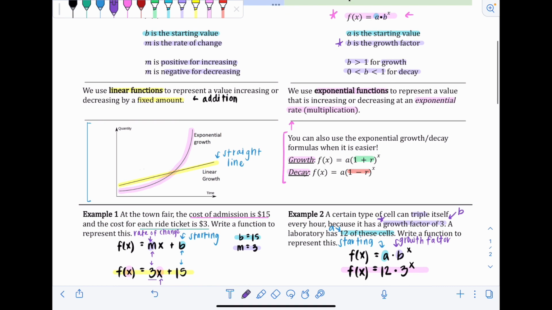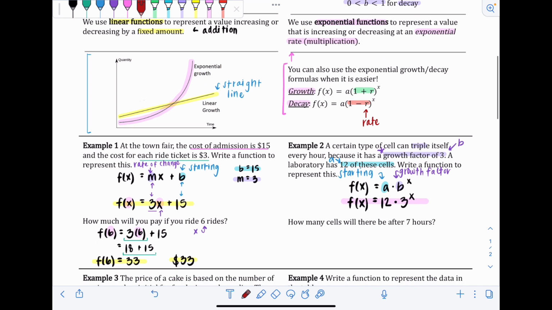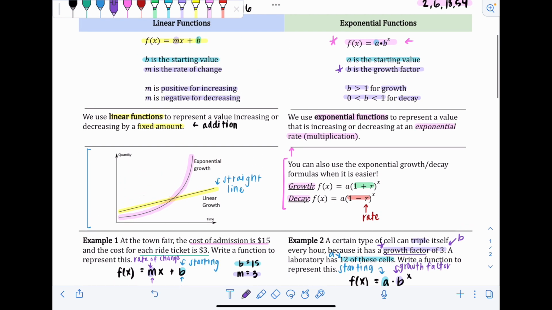Problems that I think would be best for exponential growth or decay are like if they told you that the growth rate was, I don't know, 5% or something, because in this case, R stands for rate, and we would be able to put that rate in there and then add it or subtract it from the 1 to get our final growth factor. But when we're given a word like double or triple or half, or we're directly told that the growth factor is 3, it's best to use that first formula up here because that has growth factor directly in it.